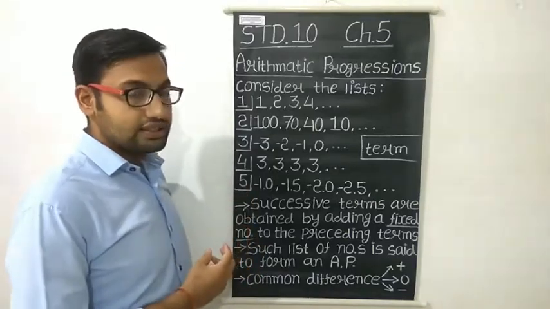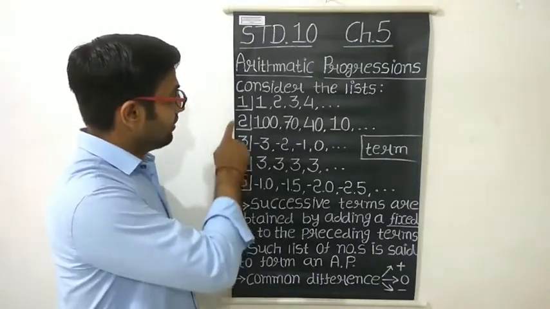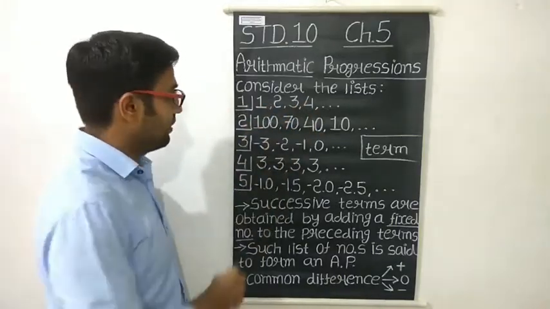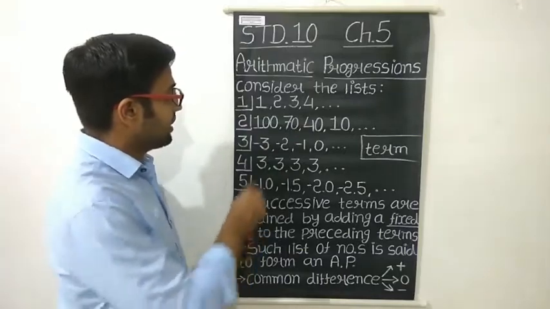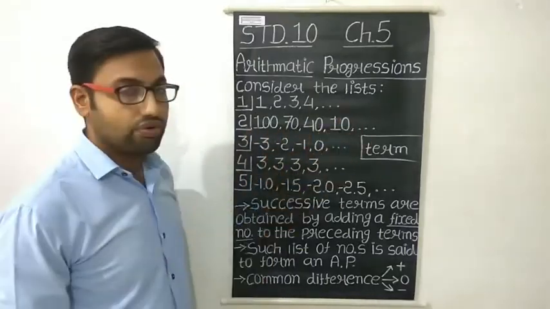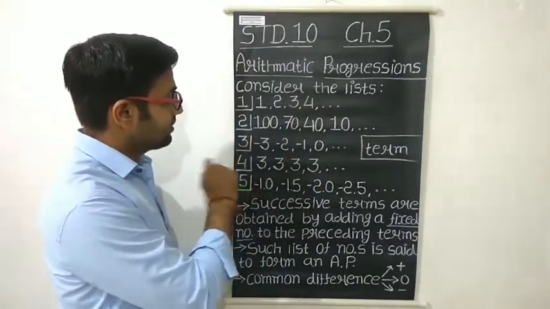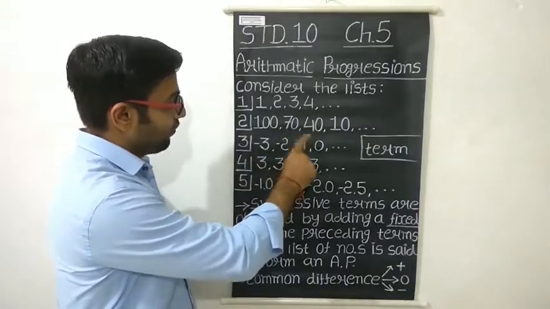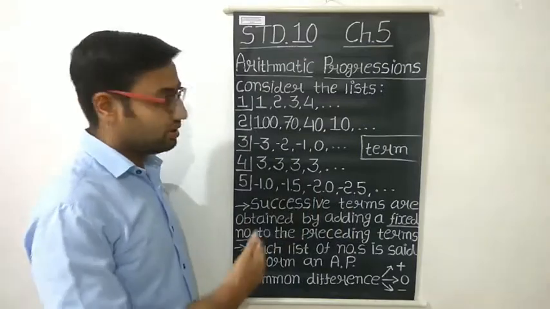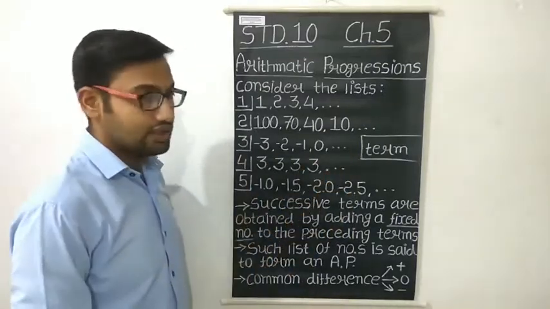Before this, let us see some lists of numbers. Here we have to consider the lists of some numbers. The first list we have is 1, 2, 3, 4, up to infinity. The second list is 100, 70, 40, 10, and these numbers keep decreasing in this way.